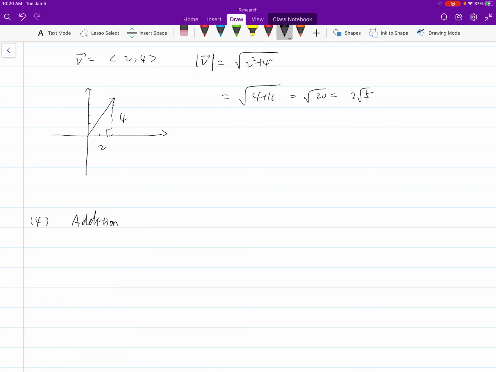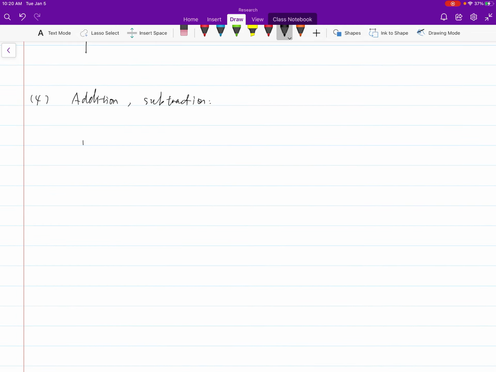Okay. Number 4, addition, subtraction, which still satisfies the triangle law. Okay, so let's say, how you do the vector 1, 2 plus 0, 1. Let's not do that. Let's do 1, 2 plus 3, 4. Let's draw a little bit longer.